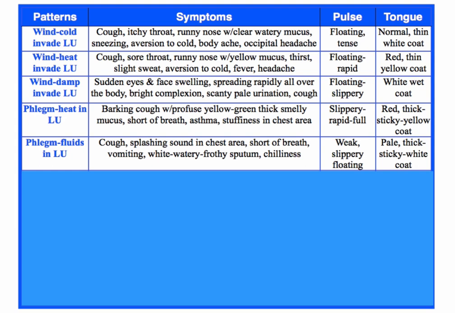But if it was chronic, the pulse would be much weaker. So it is slippery no matter what because there's excess fluid and phlegm in the lung. But the pulse would be either more weak or more floating, depending if it was acute or chronic. The person would cough, and you could hear a splashing sound in their chest area because they have a lot of fluid in there. They're short of breath, of course.